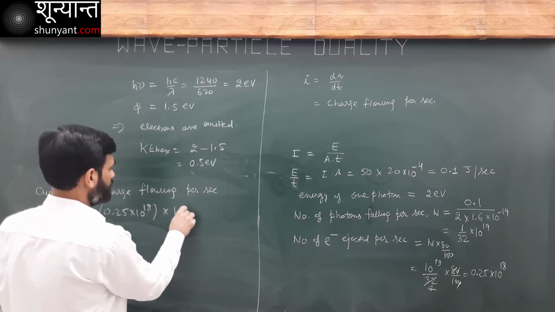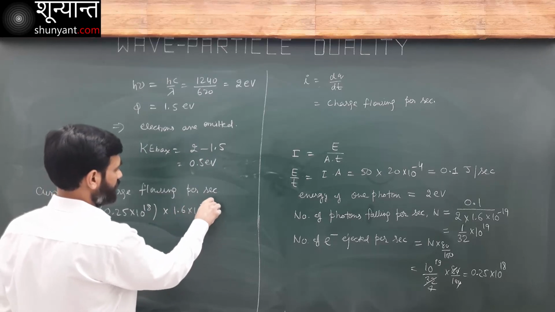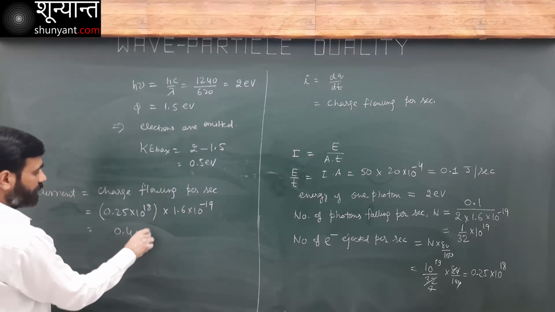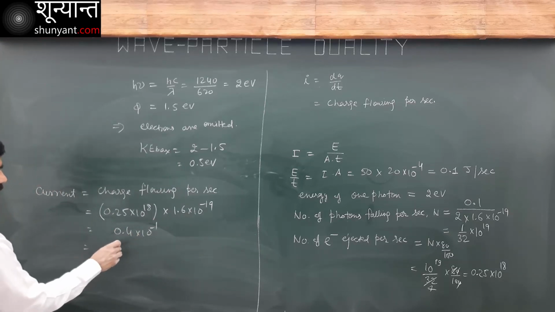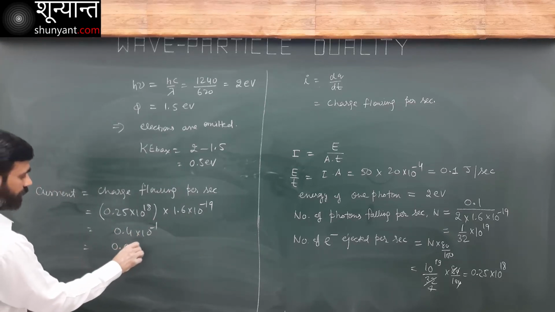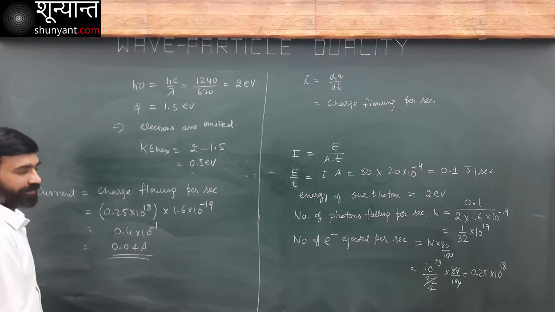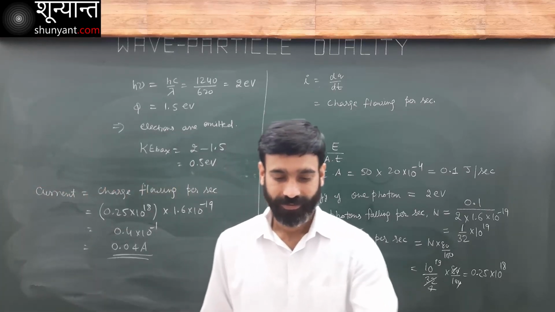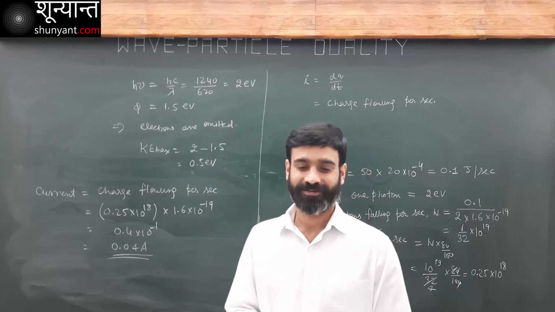Okay, it is 1.6 into 10 power minus 19. This is going to be equal to 0.4 into 10 power minus 1. Okay. This is 0.04 ampere. That's how we do it.